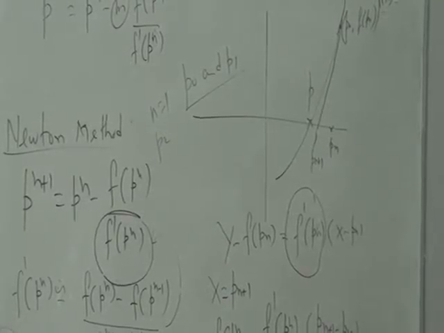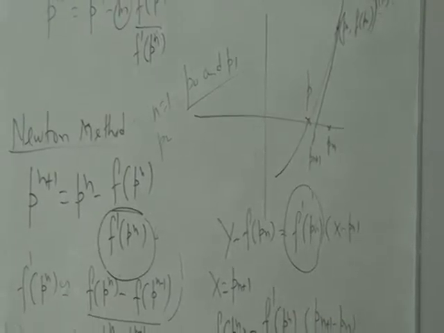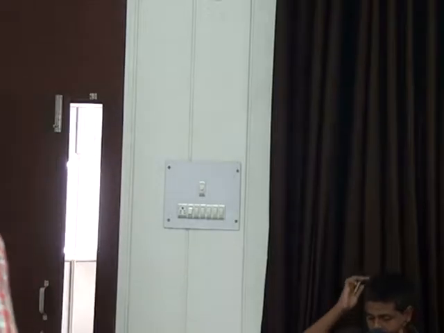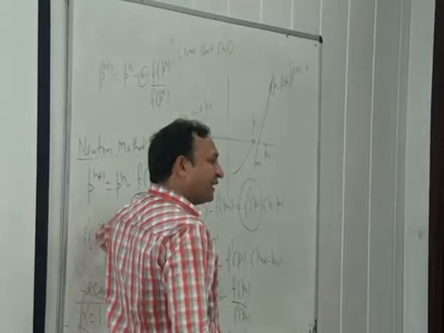So you have to assume two values, P naught and P1, and then you do that. This is the secant method, to avoid the derivative. Just plug this in to get the formula. Is it clear?